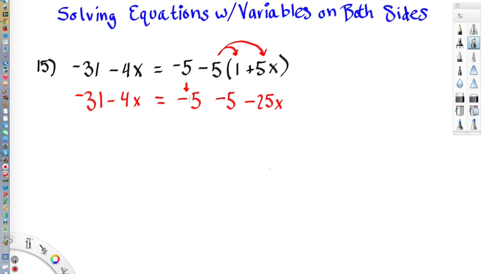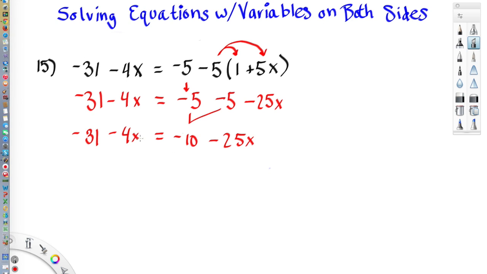Okay, we can simplify by combining these two like terms. A negative 5 and a negative 5 is a negative 10 minus 25x, and this is going to be equal to that. Okay, next, there's no more simplifying to do, so I need to begin to try to get my variables on one side.